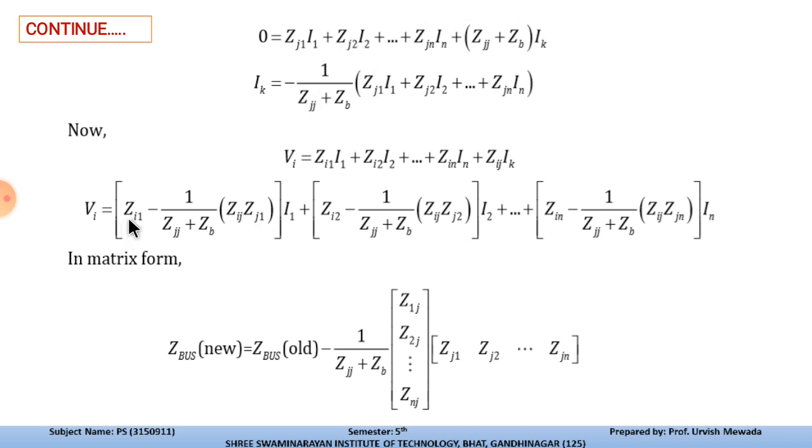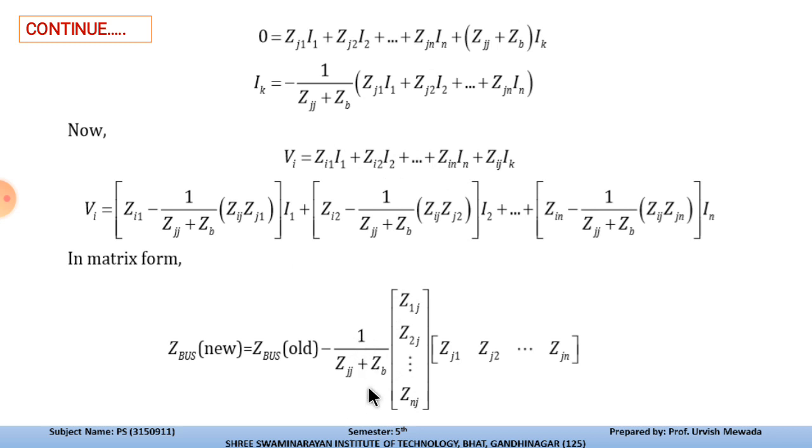So V is nothing but Z into I. From that we can form the matrix of the given equation: Zbus new is equal to Zbus old minus the term that we have obtained after forming this equation.